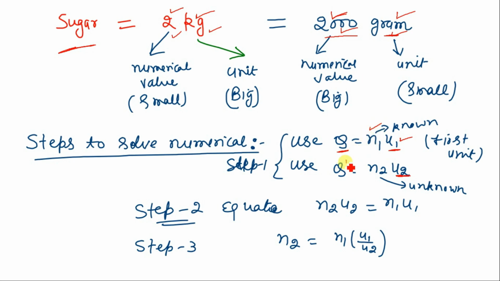And when same quantity Q is measured with a different unit U2, then the numerical value obtained is N2. Since both of these refer to same quantity, so we can equate these two equations and as a result we get N2U2 is equal to N1U1, or you can write N2 is equal to N1 into U1 by U2.